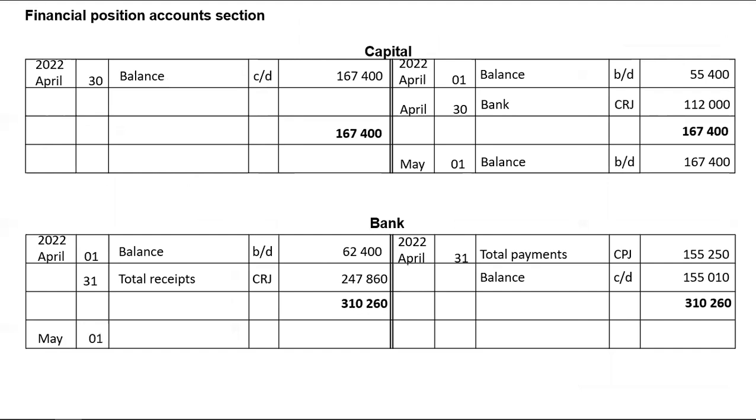So to get that 155,010, I took this total, which must be the same as the total on the credit side, and I simply minused that total payment, and it gave me that 155,010. That 155,010 will be our new balance the following month. So in the following month, it will simply be our balance brought down, which is 155,010.